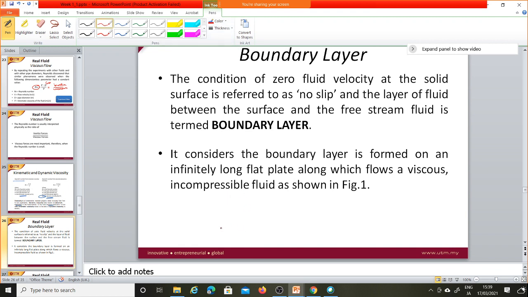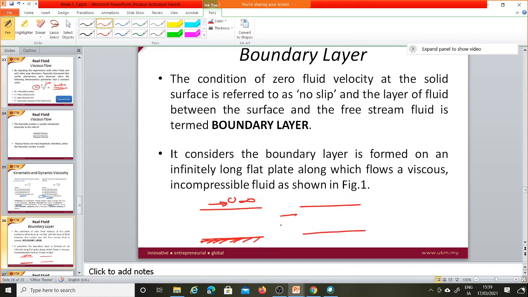As I said, if you have a stationary plate and a moving plate, the plate is moving with u infinity. You can consider this situation, or maybe better we consider the flow inside a pipe.